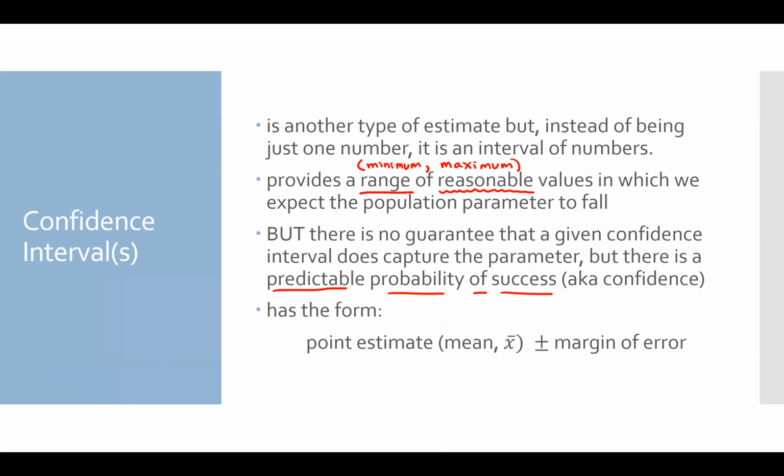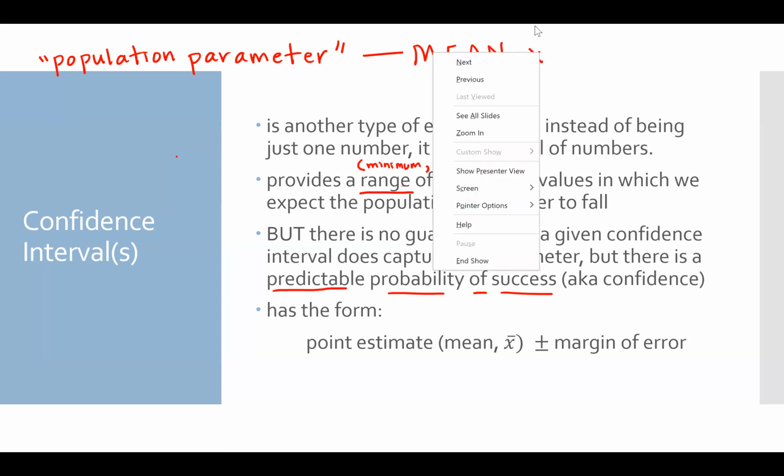Okay, now first of all, a couple of things I want to point out. For us, in this course, we're talking about the population parameter, which I was calling the measurement. The population parameter that we're going to focus on in this course is the mean.